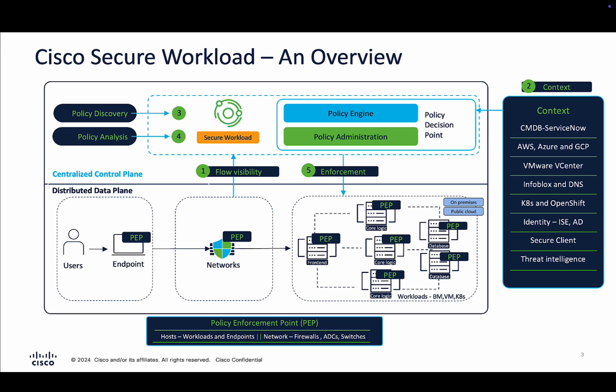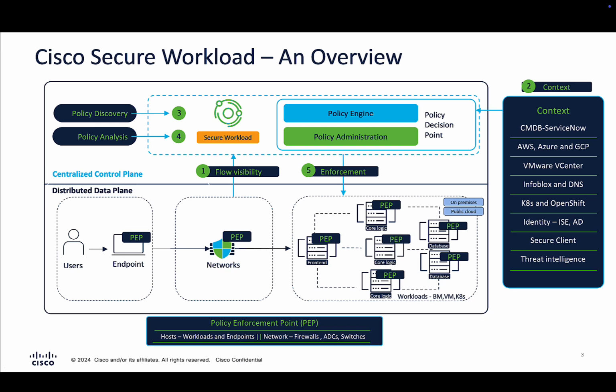That conversion is done by the platform, and all the complexity around that translation is abstracted from the admin. So as an admin, you simply define an intent, and that intent is translated and pushed to the right enforcement point by the policy engine of Secure Workload. So that's in a nutshell what the platform does.